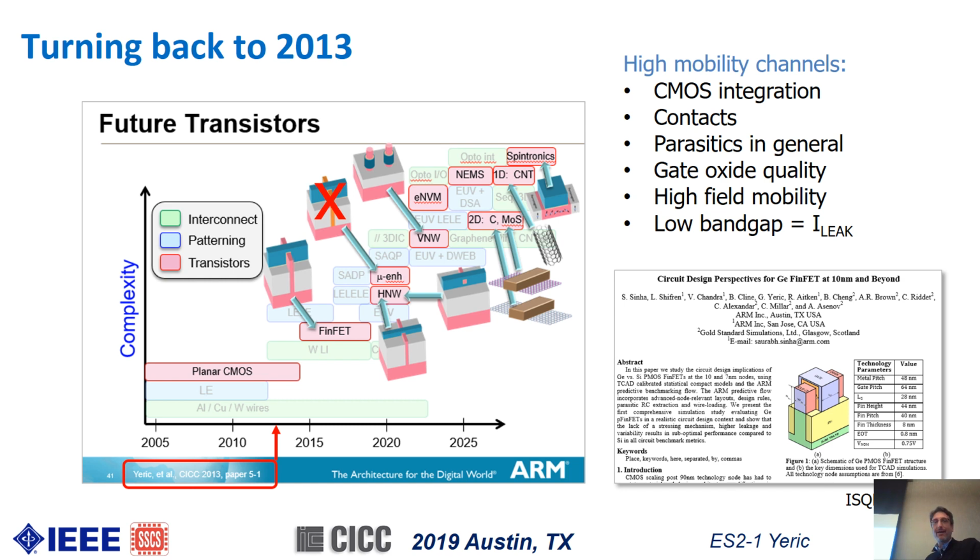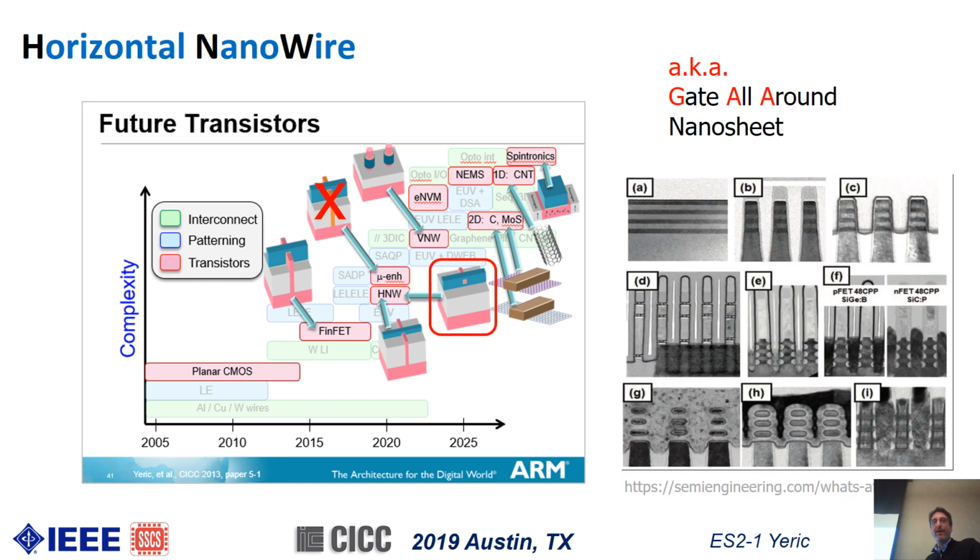What has really taken the forefront is the idea that we're going to go from a 3-dimensional fin to a 4-dimensional 360-degree confinement with a suspended wire. So that's a horizontal nanowire. And I'm showing some cross sections on the right. What actually looks like it's going to happen is something called a nanosheet, which is you just basically make the fin, you cut it out of alternating layers that you then can selectively etch out.